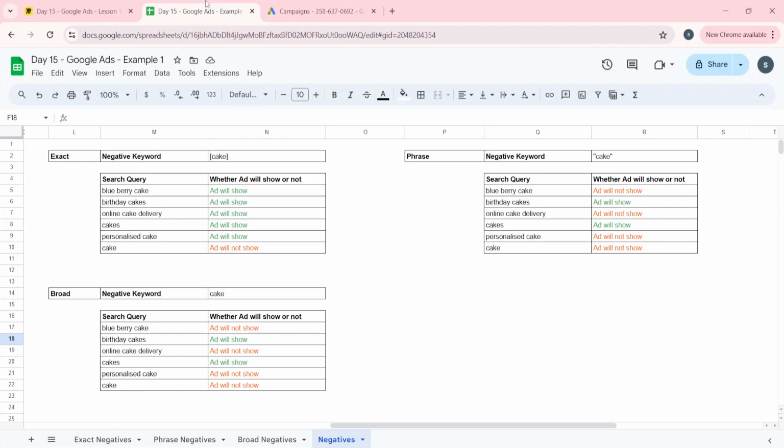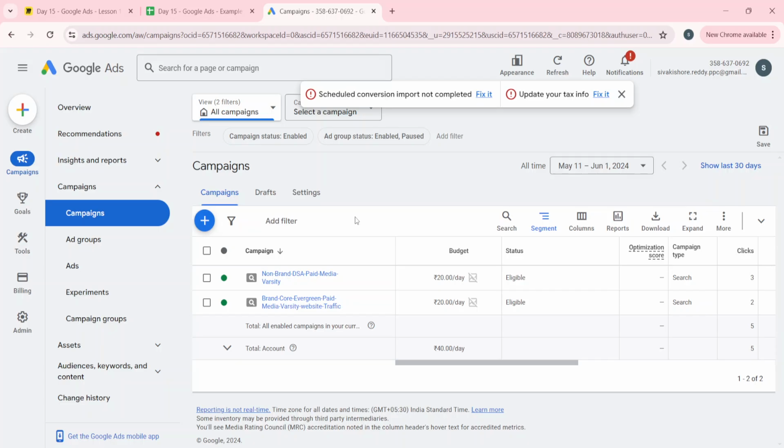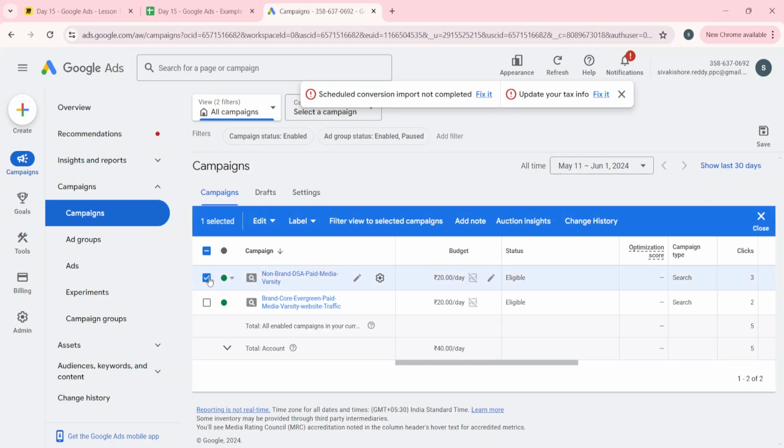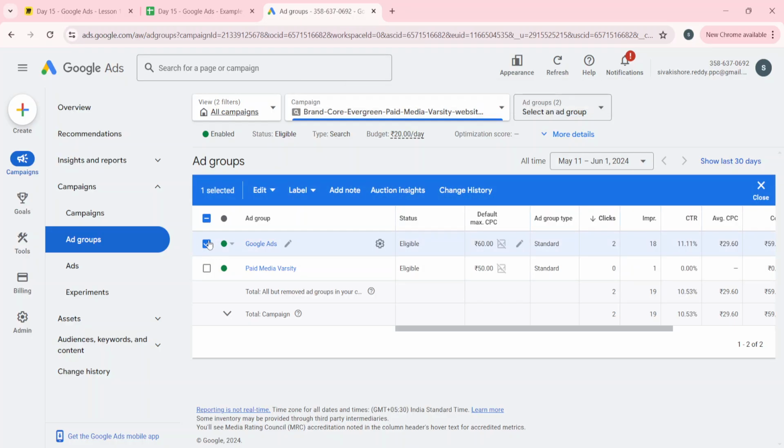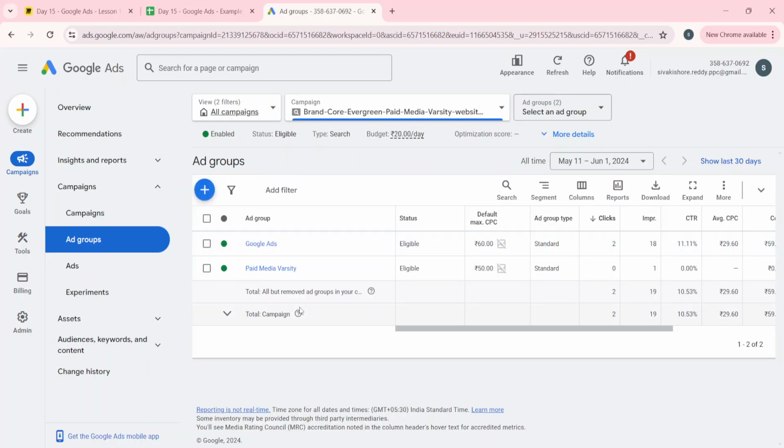Suppose you added running shoes in broad match at the account level, then your ad won't get triggered from any of these campaigns. If you use that negative keyword only for this campaign, your ad won't get triggered only from this campaign. Or if you use those negative keywords only for this ad group, your ad won't trigger only from this particular ad group.